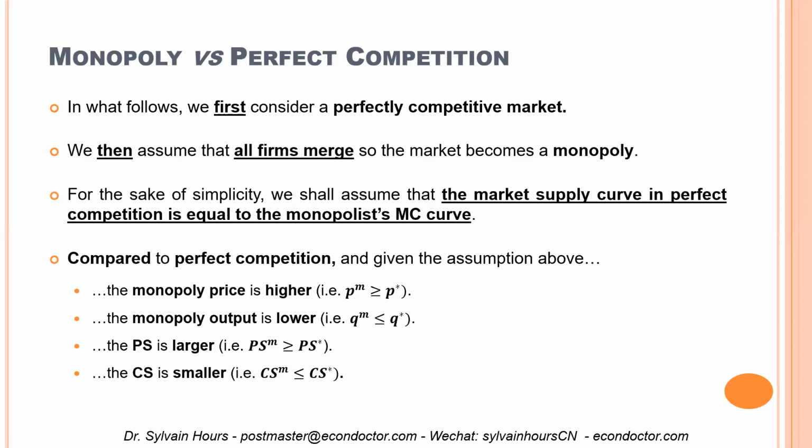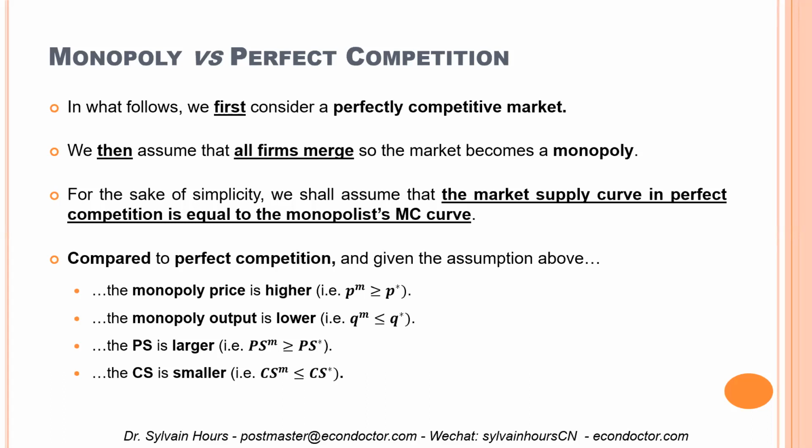And we will make another assumption. It's a bit complicated. We will simply assume that the supply curve in perfect competition is the same as the monopolist's marginal cost curve. This is the usual assumption that we make. It's a bit technical if we really want to understand what it means. So I think it's easier if you tell your students, just remember that this is the assumption that we make.